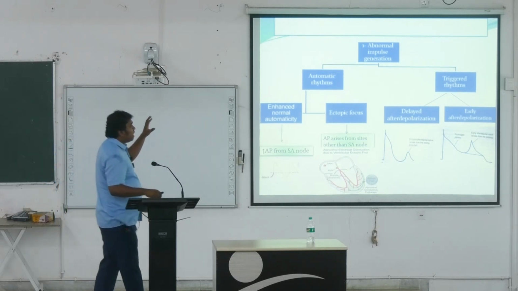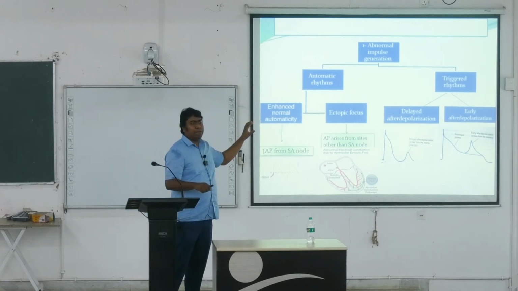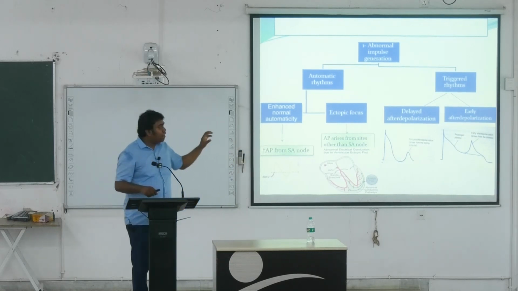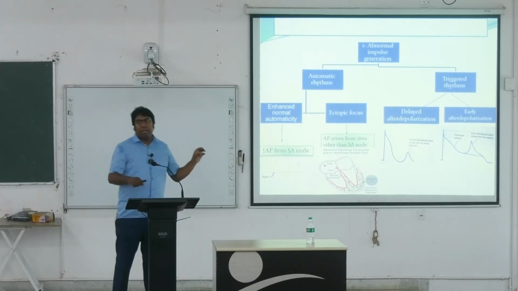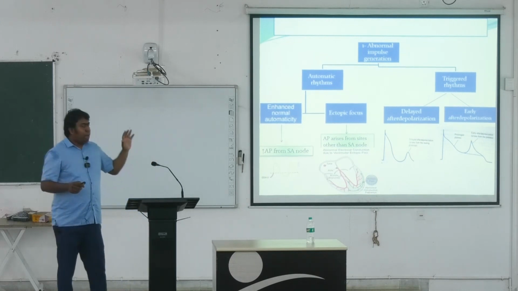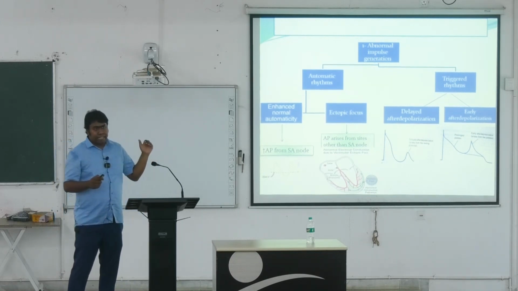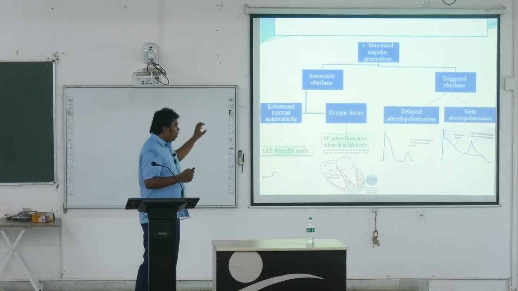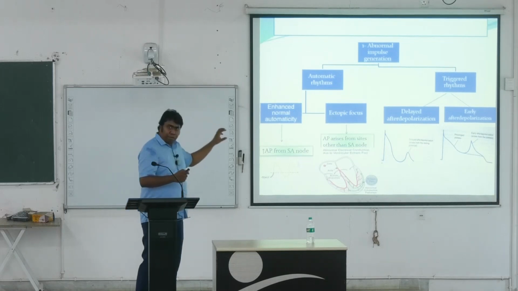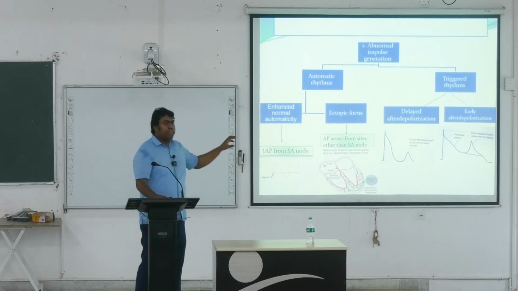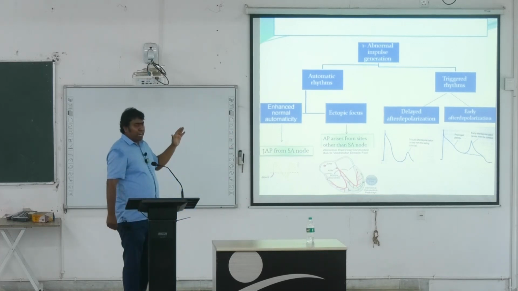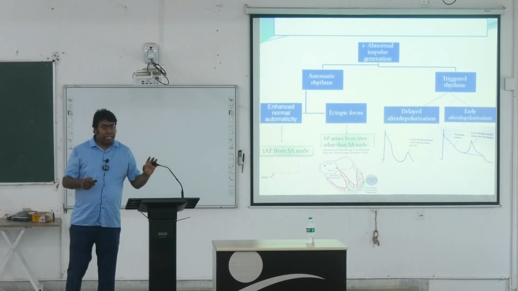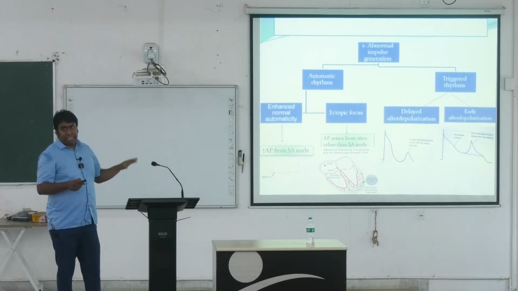Whereas there will also be triggered arrhythmia, with delayed or early after-depolarization. So there are two types of impulse generation arrhythmias: automatic, with enhanced automaticity in the SA node or ectopic focus, and triggered. These are abnormal impulse generation.